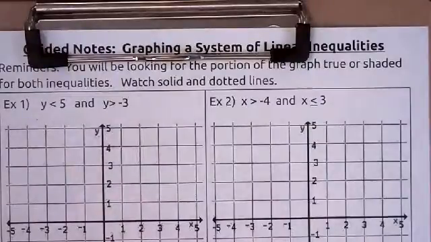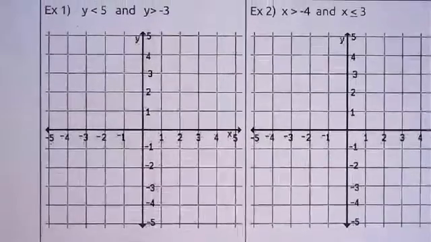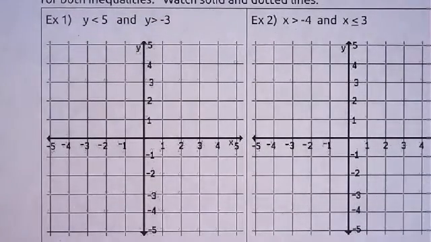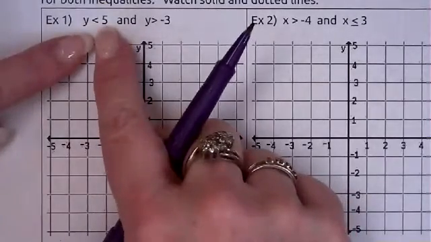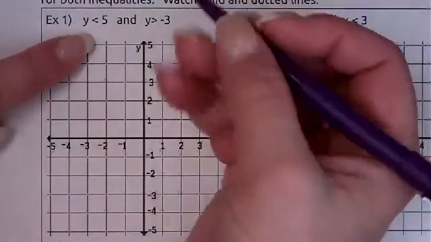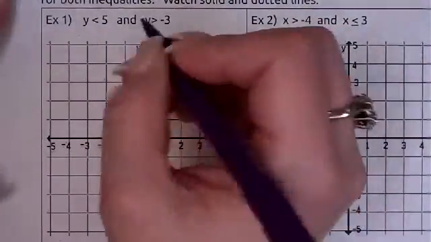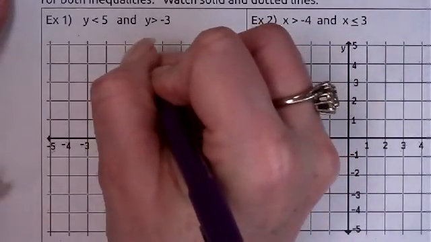Okay, so if I look at example 1 right here, my first inequality says y is less than 5. So I'm going to go to positive 5 on the y-axis.